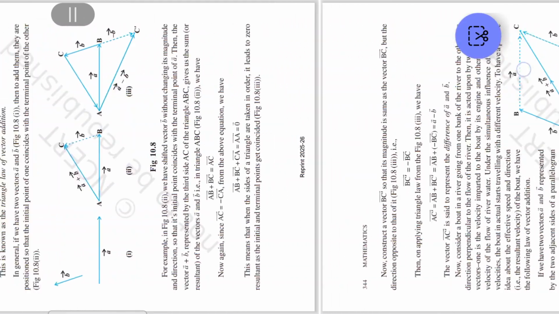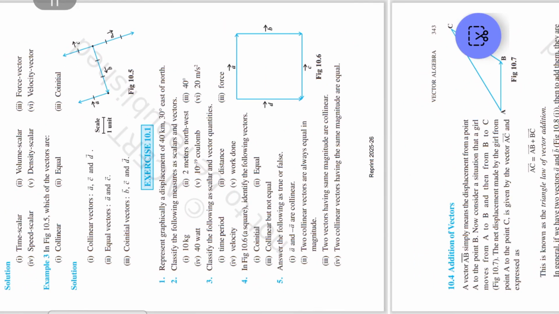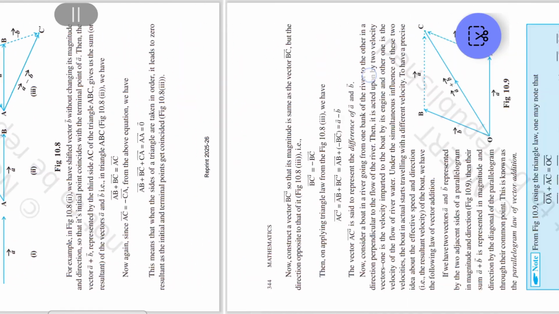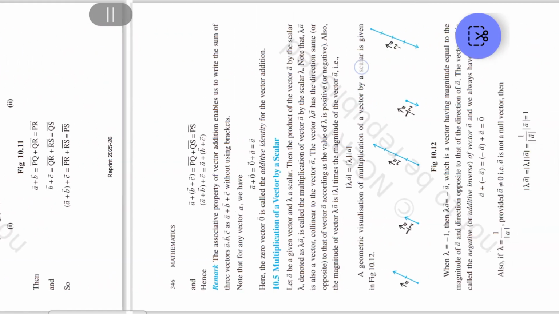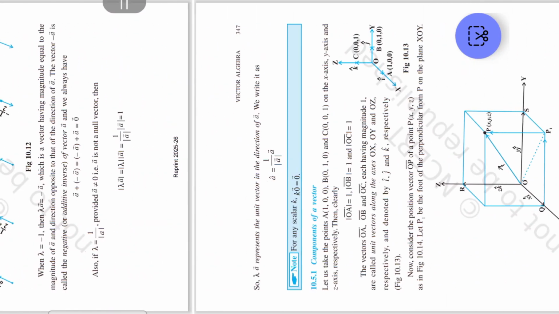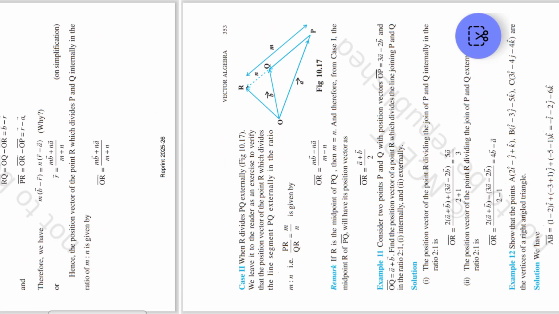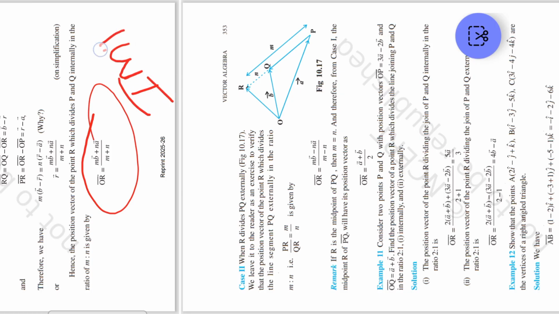In section 10.1, there are MCQ or fill in the blanks, and the remaining are 2 and 3 marks. Most important is the section formula. This is the section formula, an important formula, very important for 3 marks questions.